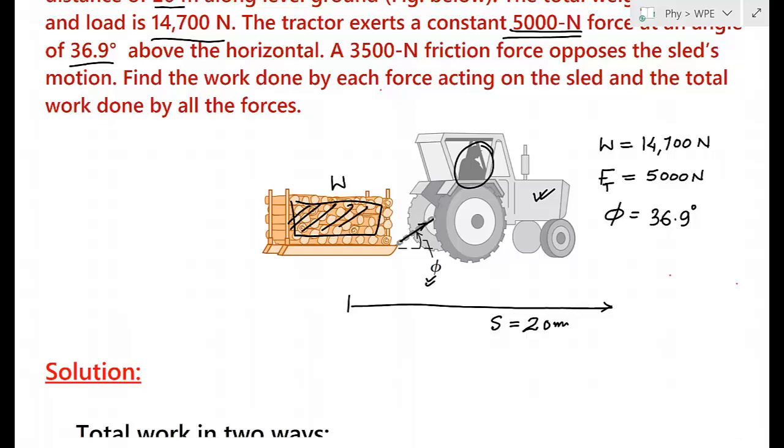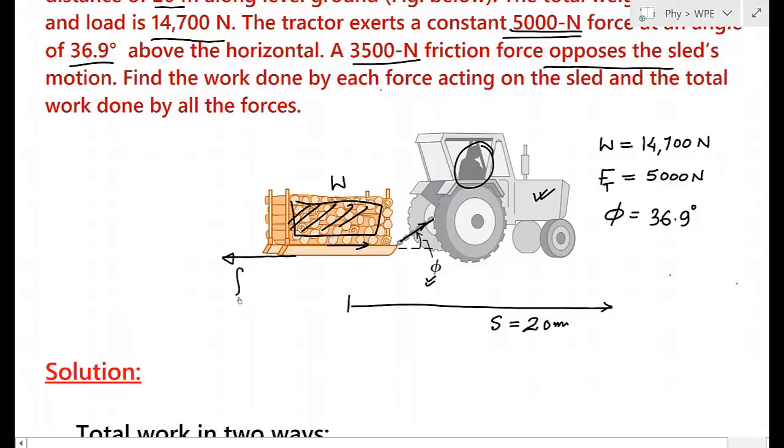Moreover, there is a friction force, and the magnitude of the friction force is 3500 Newton, which opposes the motion of the sledge. The sledge is moving in this direction, but the friction force tries to oppose the motion, so it acts in this direction.